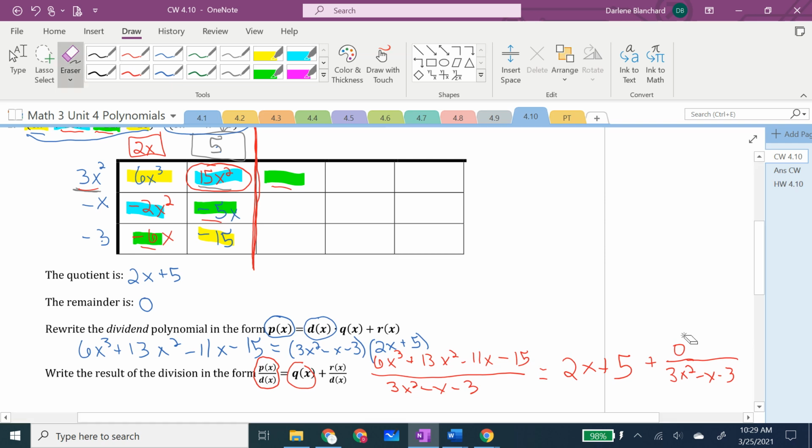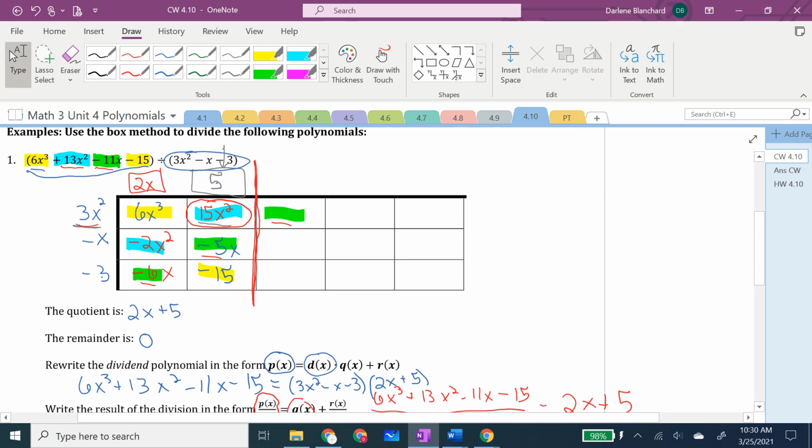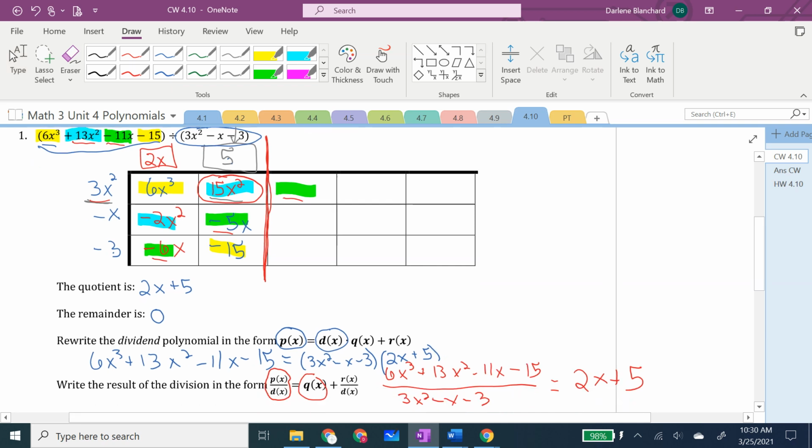So I'm going to erase it. You don't have to write it. You can if you want. But I want you to see that the result of the division is 2x plus 5. That is one way that I can use the division that was done. The other way is I can use it to rewrite a polynomial in a factored form. And both of those can be useful.